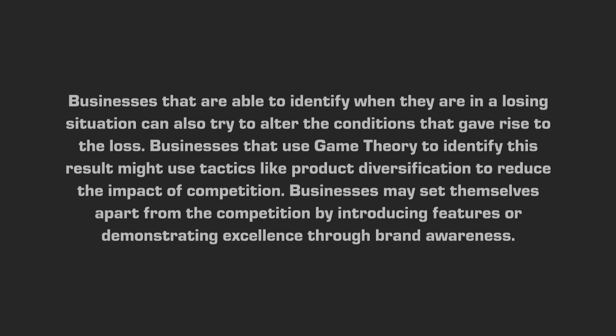Businesses may set themselves apart from the competition by introducing features or demonstrating excellence through brand awareness. As a result, corporations try to mitigate competitive pressure by making a substantial brand distinction. The idea of oligopolies originates from this analogy only.